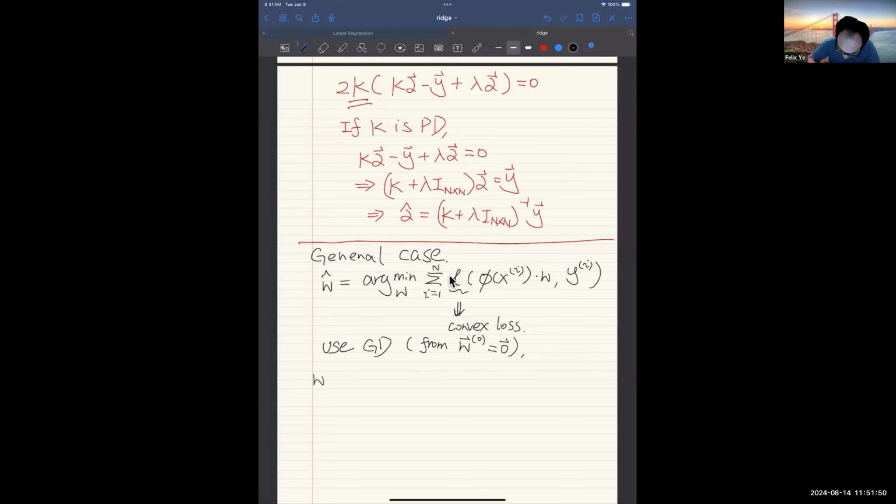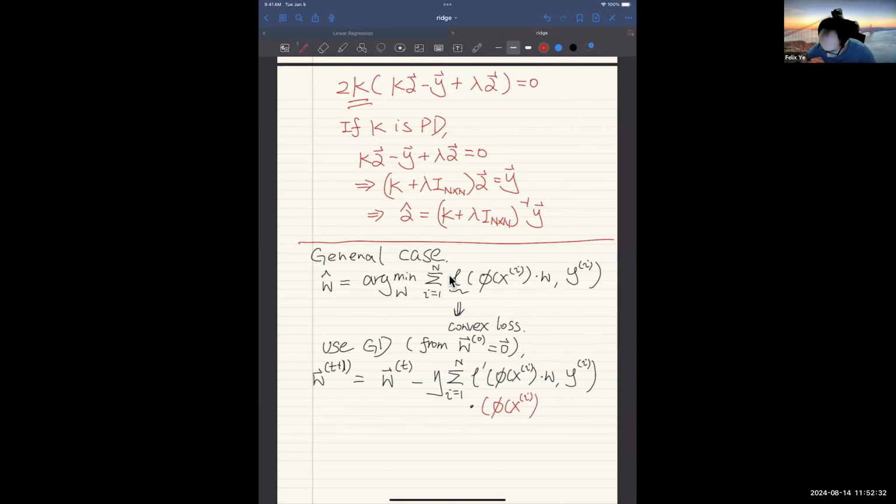That means I can update W t plus 1 from W t and subtract, going along this gradient direction, the sum from 1 to n of L prime, and don't forget I have this partial derivative with respect to W here.